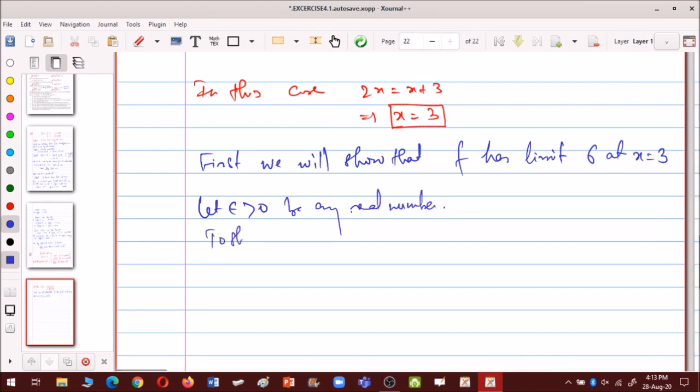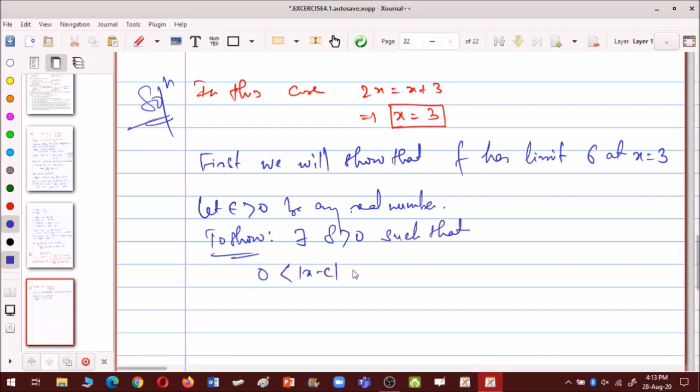We need to show there exists delta greater than 0 such that 0 less than |x minus c| less than delta implies |f(x) minus f(c)|, where c is given to be 3, that is |f(x) minus 6|, is less than epsilon.